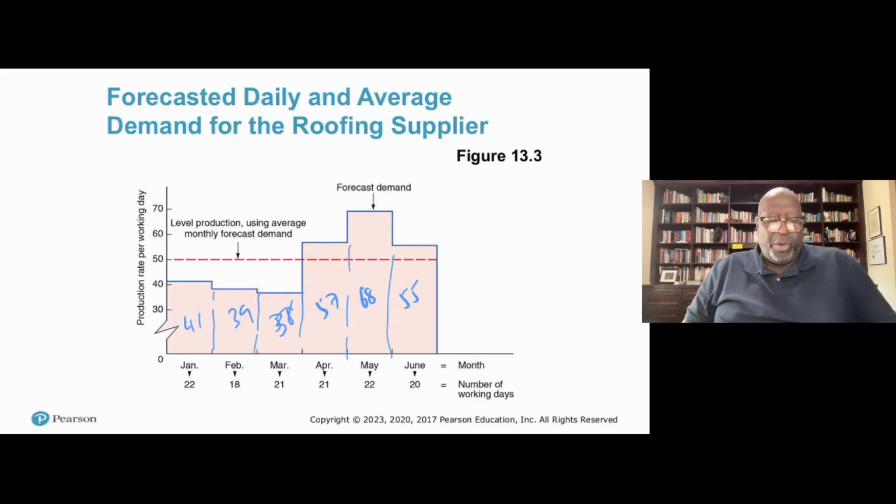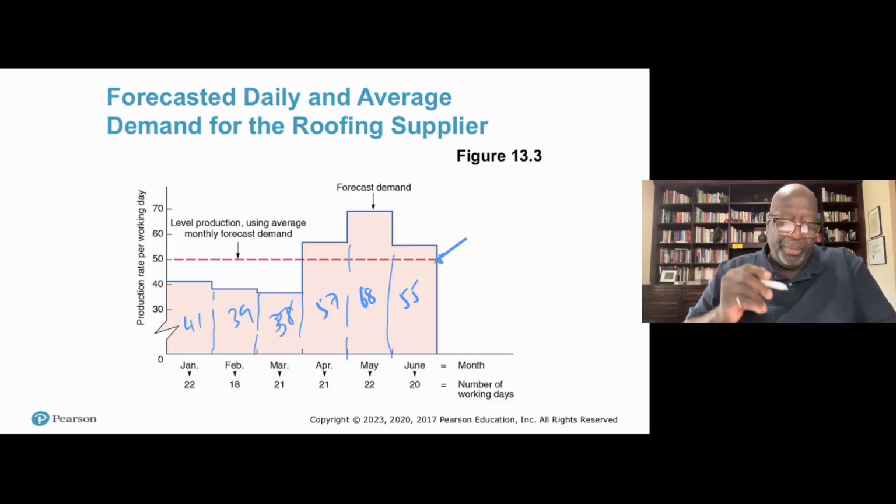So you could decide now, this is the demand pattern. What are we going to do in terms of our production? Let's look at where this red line is right here. That's an example where we want to keep production constant at 50 units per day.